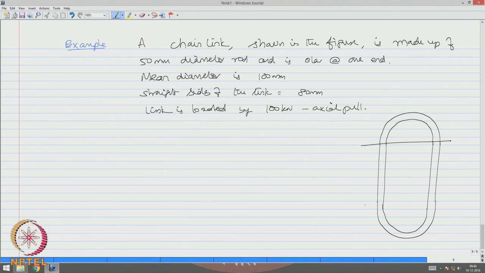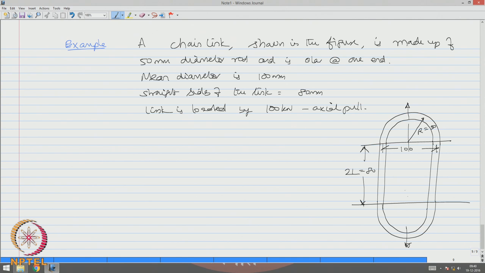So, we know that this length, which is actually 2L, or we use say capital L, which is 80 millimeters, and this distance is 100. Therefore, this distance is going to be 50.